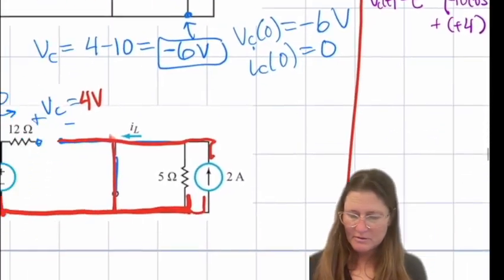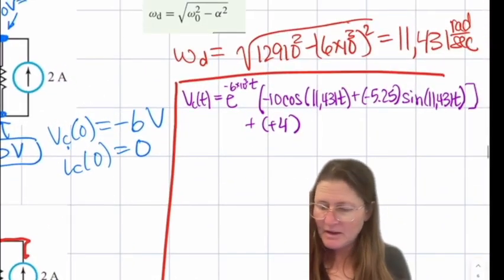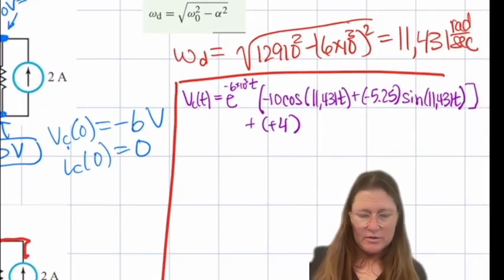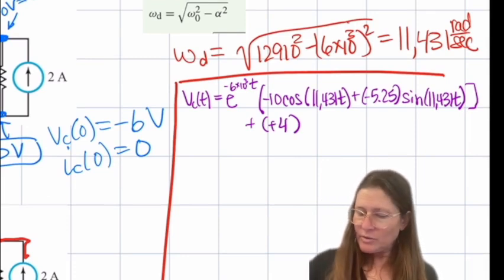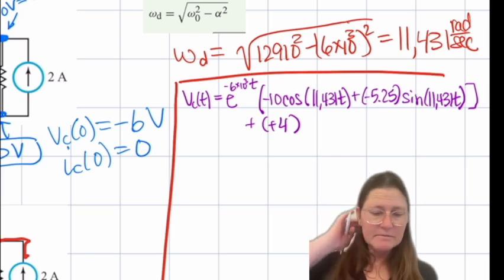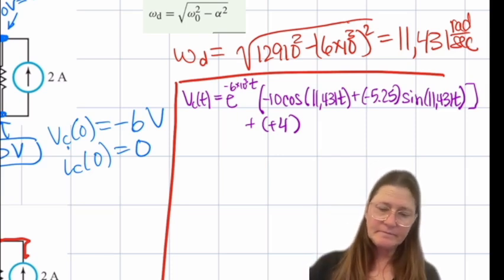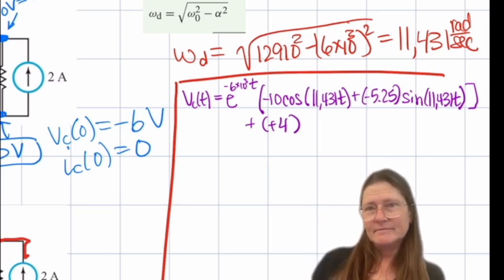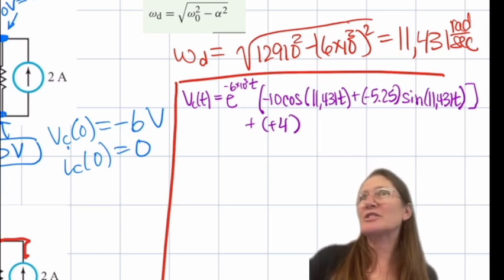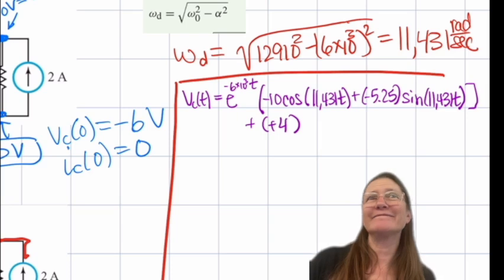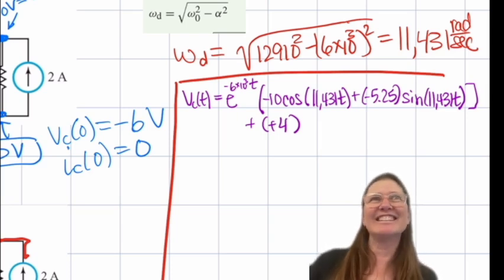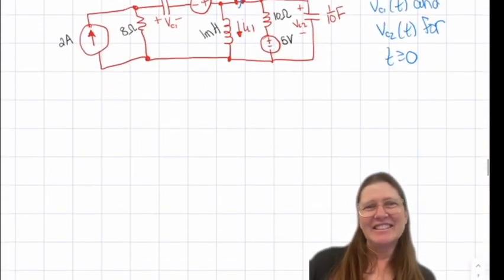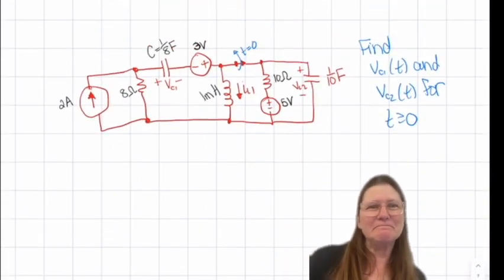Plus 4. Yeah, plus 4. So this would be our VC of t. All right, questions? Okay, another one? Okay. All right, let's do this one.